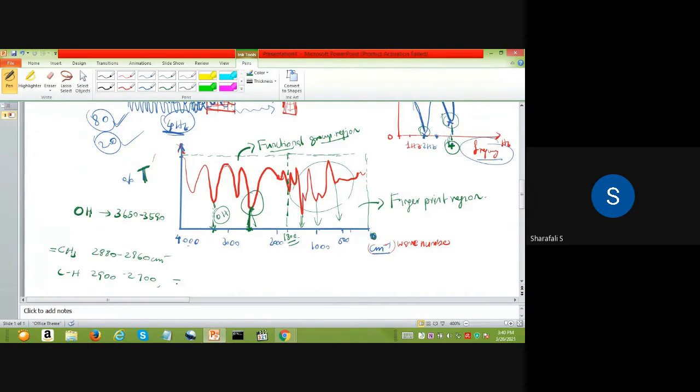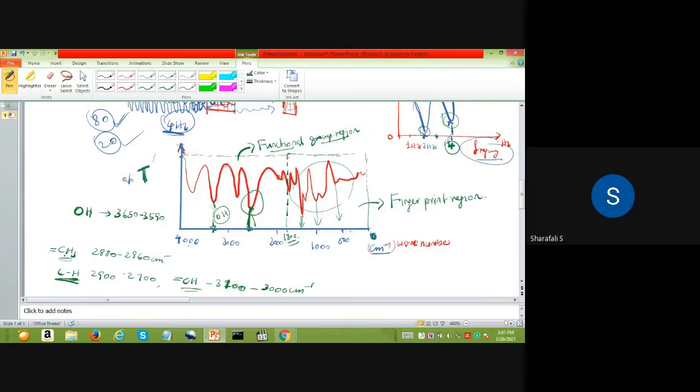And if you're having a double bond CH kind of functional group which is present, then we will be having a different frequency which is at 3100 to 3000 centimeter inverse. So these are some examples. You can look for the IR spectroscopic table, then you can get for all the groups the corresponding wave number.